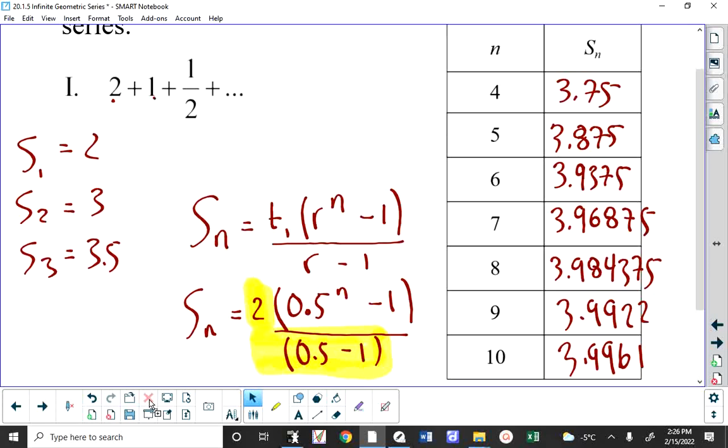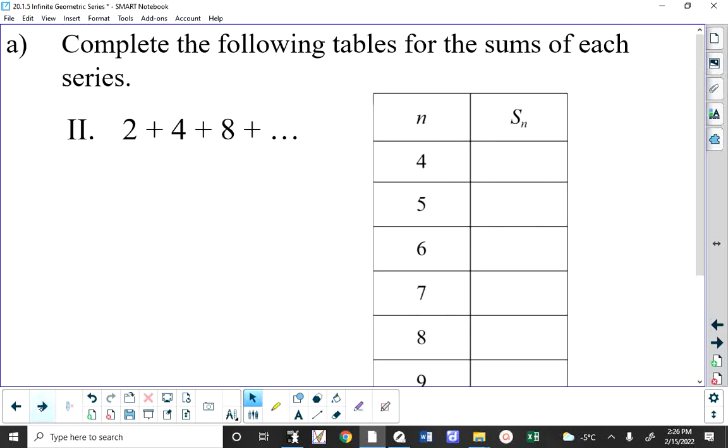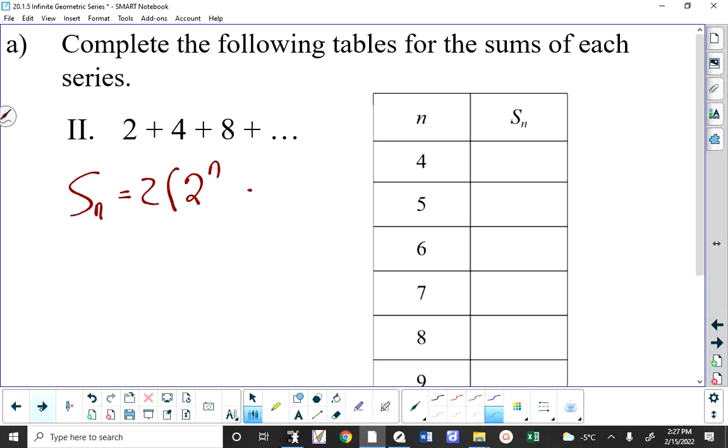Okay, we're learning something from this. If we repeat the process for this one, then we can write Sn as the first term, which is 2, times the common ratio, which is 2, raised to the n, minus 1, over 2 minus 1. Are you with me? Okay. So we enter that into y1 now, and we generate a new table.